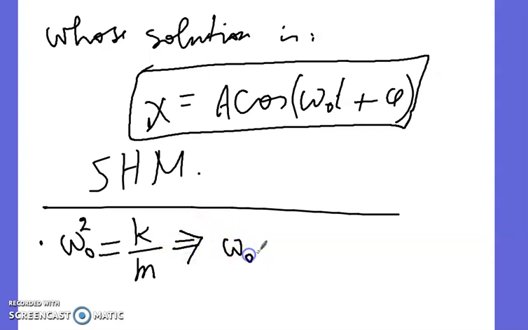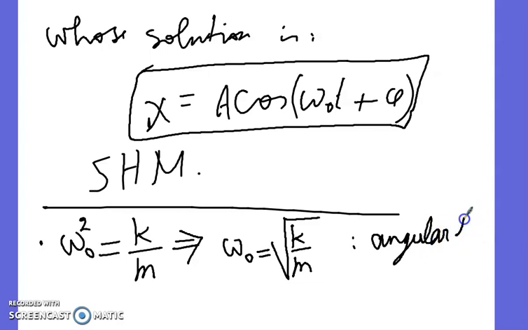Omega 0 equals square root of k over m, right? This is called angular frequency. Why is it angular frequency? Because here it is in the angle of cosine, okay? This is time.